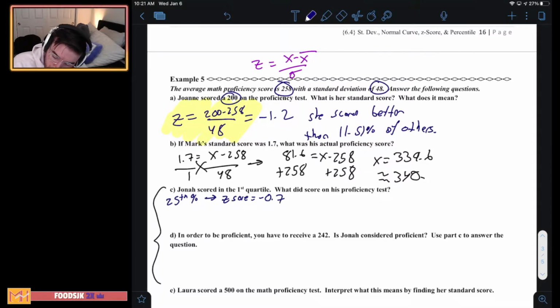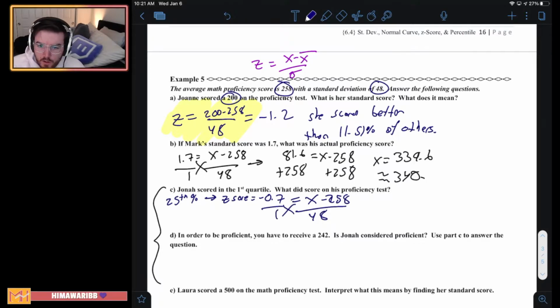So what is his score? Well, I don't know his score, but I know the average, and I know the standard deviation. And when I do the math on that, cross multiply and solve, we end up with 224.4.